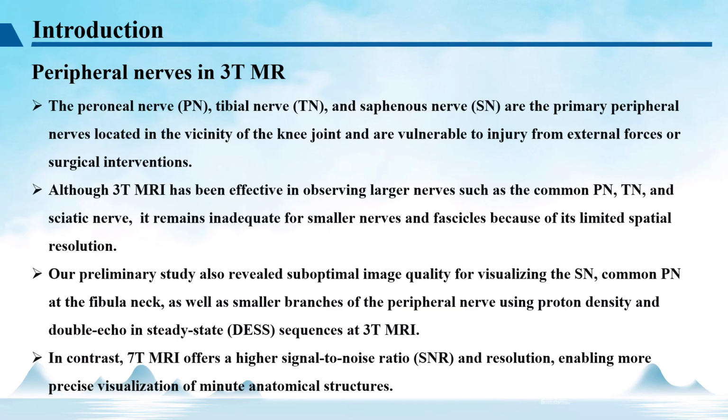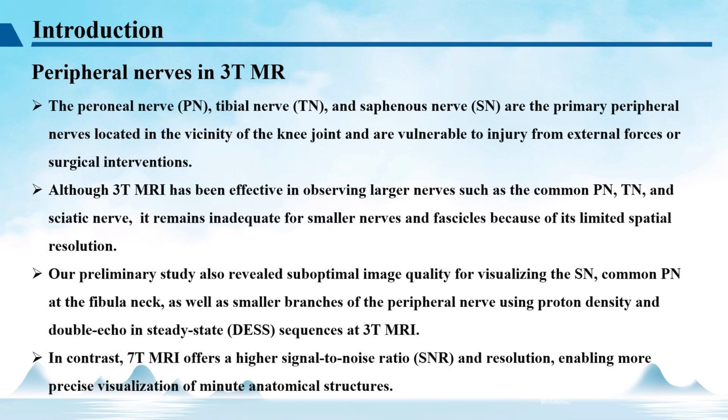The peroneal nerve, tibial nerve, and saphenous nerves are the primary peripheral nerves located in the vicinity of the knee joint and are vulnerable to injury. Although 3T MRI has been effective in observing large nerves, it remains inadequate for smaller nerves and fascicles because of its limited spatial resolution.